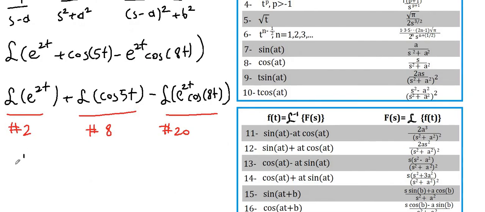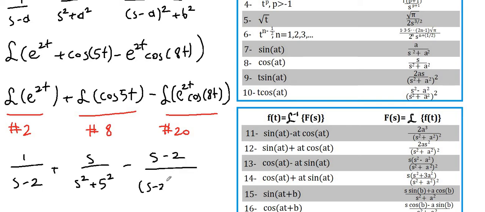So this is going to be 1 over s minus 2 plus s over s squared plus 5 squared minus s minus 2 over the quantity s minus 2 squared plus b squared.